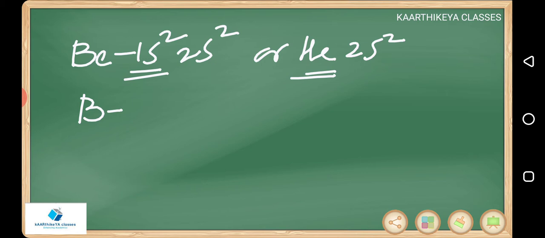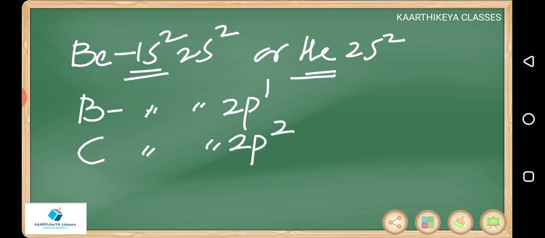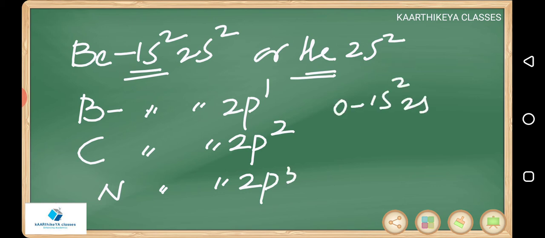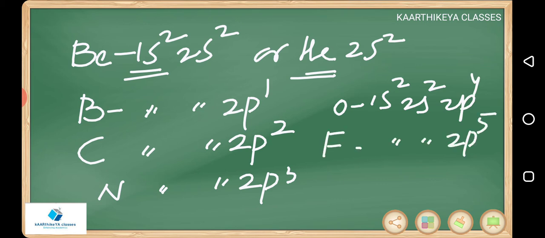Boron 1s2, 2s2, 2p1, carbon 1s2, 2s2, 2p2, nitrogen 1s2, 2s2, 2p3, oxygen 1s2, 2s2, 2p4, fluorine 1s2, 2s2, 2p5, and neon 1s2, 2s2, 2p6. Okay, I have written up to 10, the remaining you can go in the same flow.